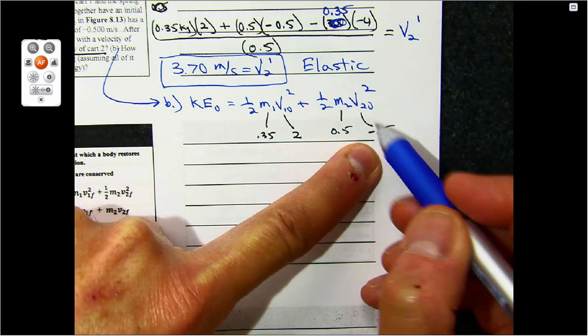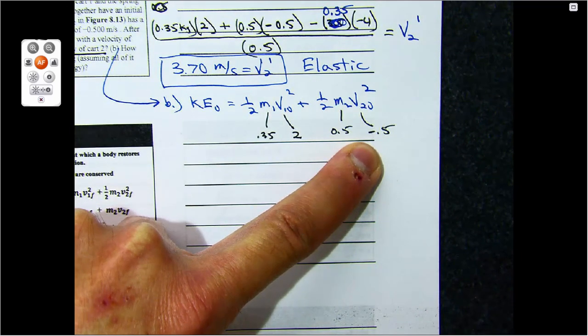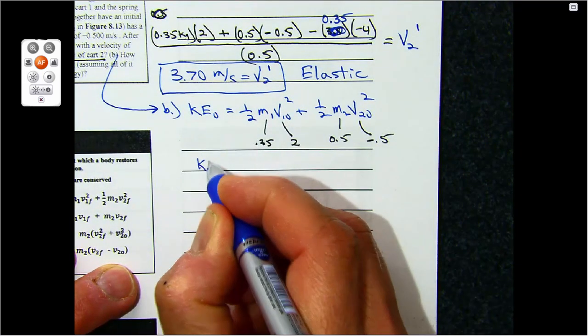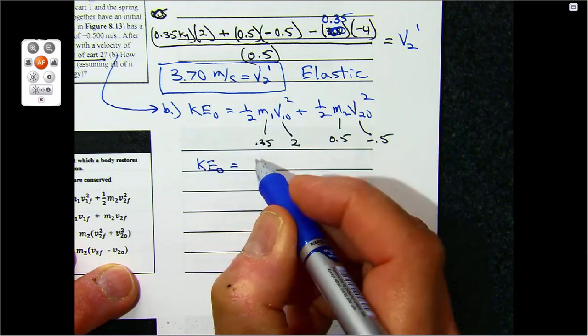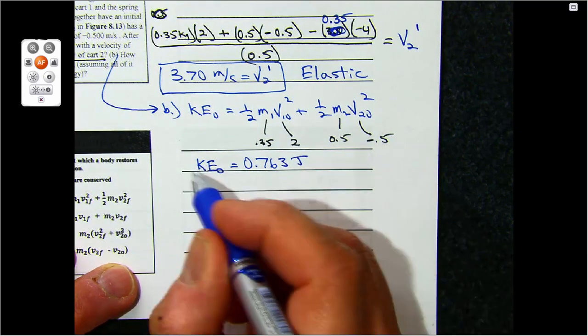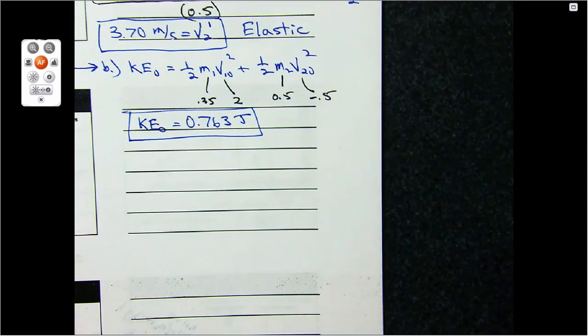M2 is 0.5, V2 initial is negative 0.5, right? So our initial kinetic energy is 0.763.